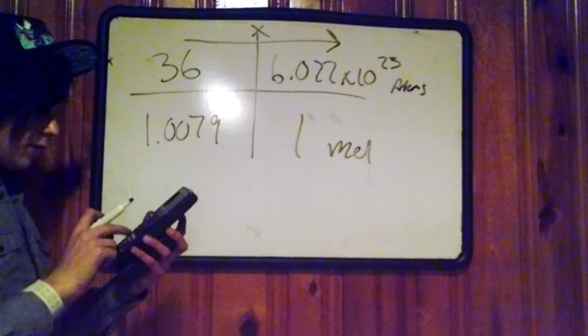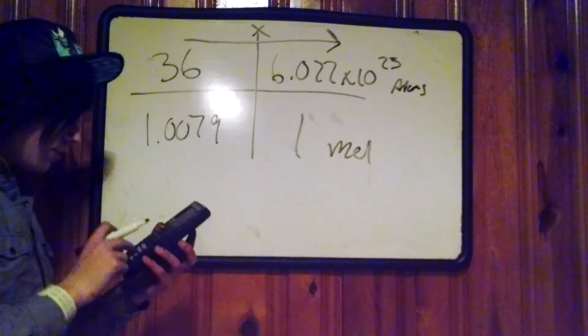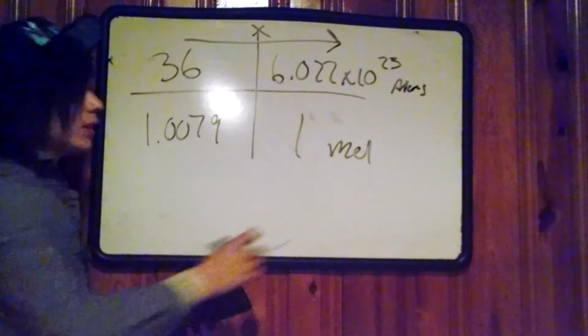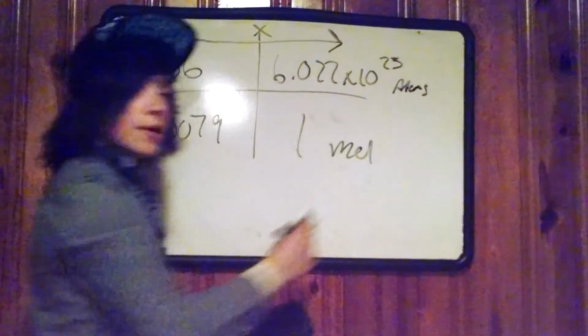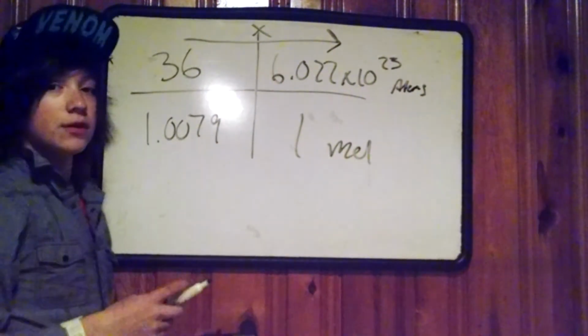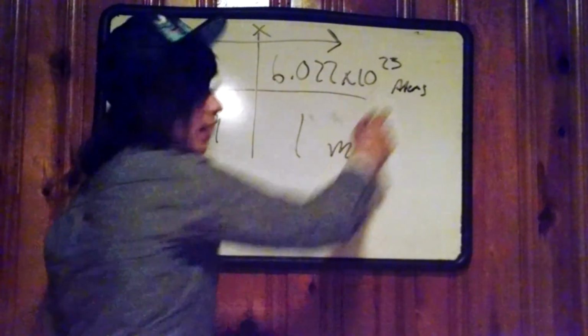So we can do 36 times 6.022, and we're going to leave off the 10 to the 23rd power till later. It'll make it easier when solving these equations to worry about this at the last step.